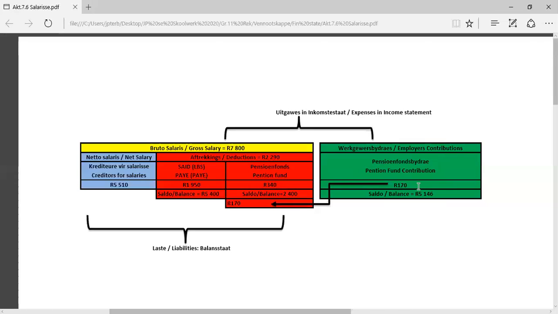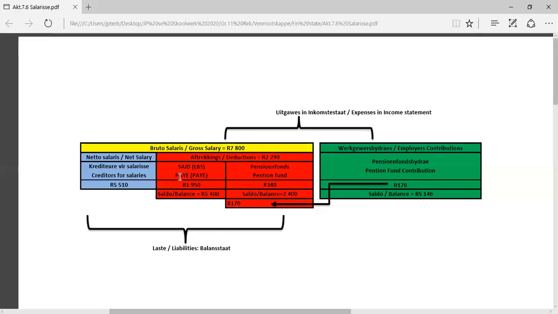Dan net gou vinnig afsluit, onthou nou net gou as jy gaan kyk na die oefening, jou aftrekkings SARS, pay as you earn, né? Daarso was 'n saldo gewees van R5,400 alreeds in jou proefbalans, né?